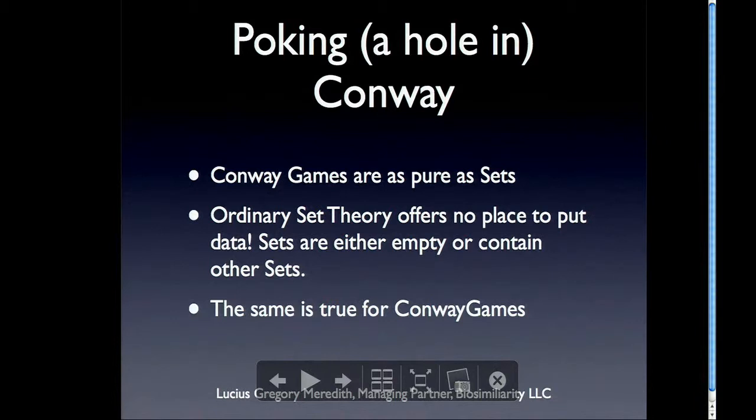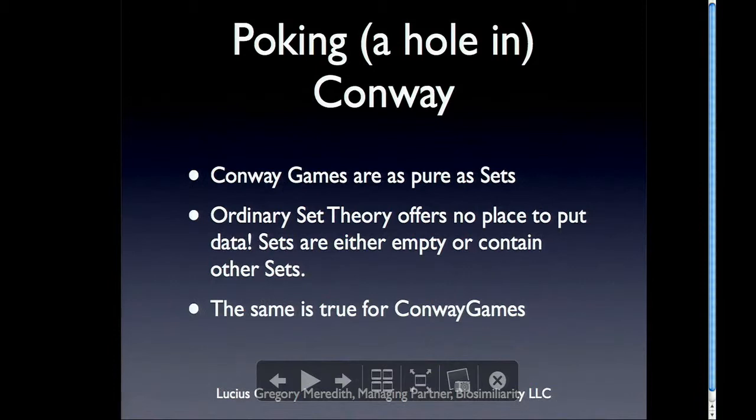Ordinary sets only contain either other sets or nothing. Okay? But we talk about set-like data structures, right? And the idea of going from a container which has no duplicates and is order insensitive, that's really what we're talking about. We can do the same thing for Conway games.